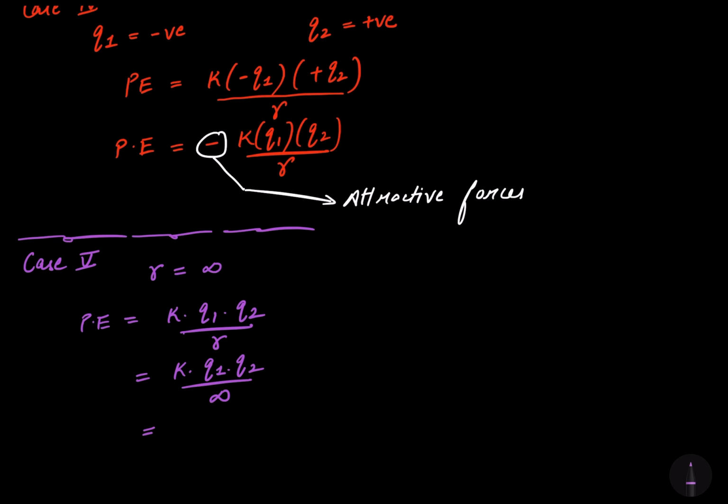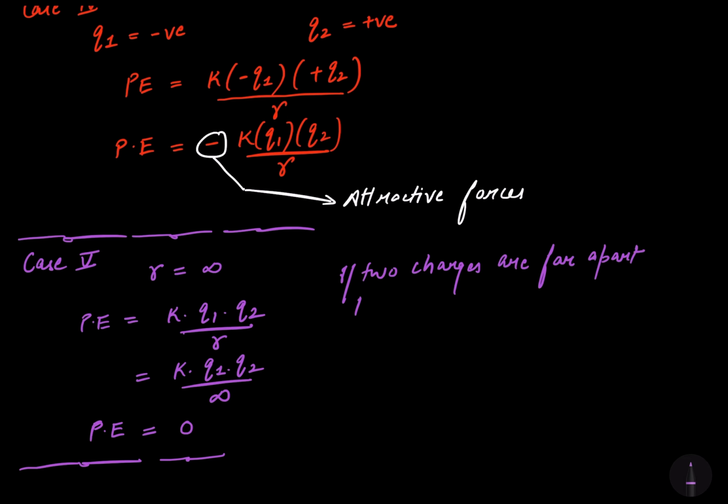Now something divided by infinite comes out to be 0. So potential energy comes out to be 0. It means that if two charges are far apart, then there will not be any interactive forces.